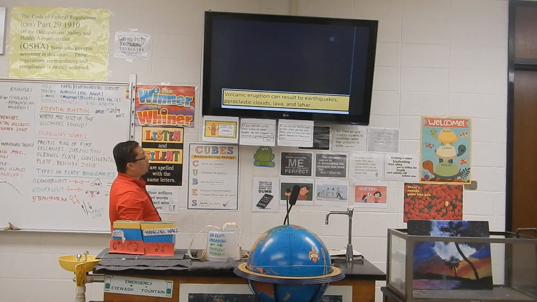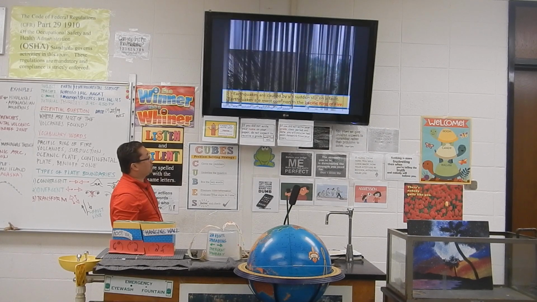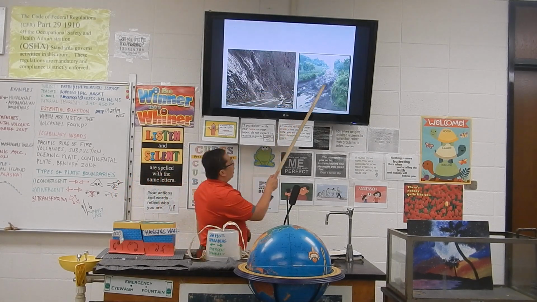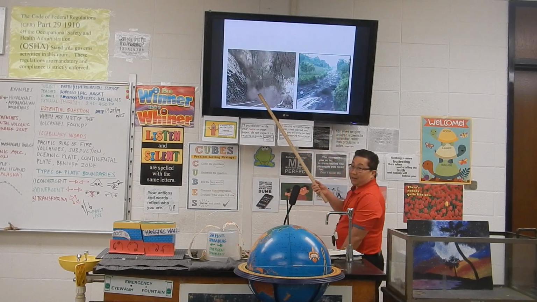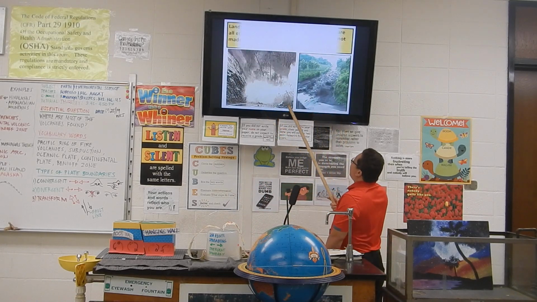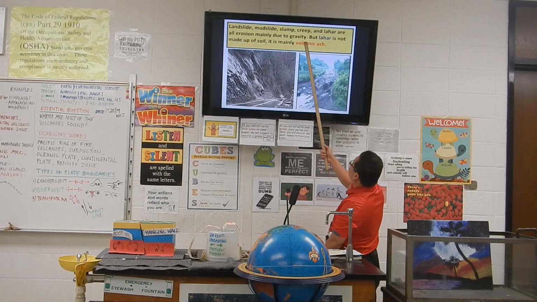Now, volcanic eruption can result in earthquakes and pyroclastic clouds, lava, and lahar. So, what are these? This is lahar right here. And this is a landslide. Both of them are due mainly to gravity.